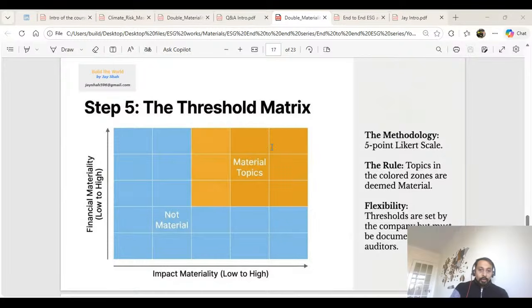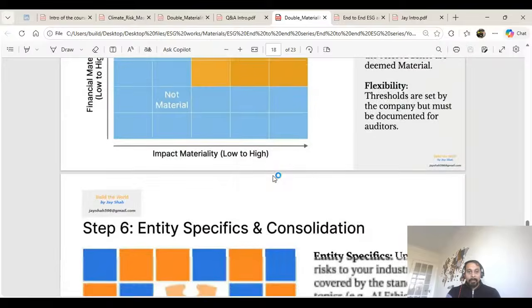So here you have to understand the threshold metrics. Thresholds are company defined and must be documented for the auditors: how you have defined your material topics for high level, and how you decided on the low, not material ones, for your particular process and operations.